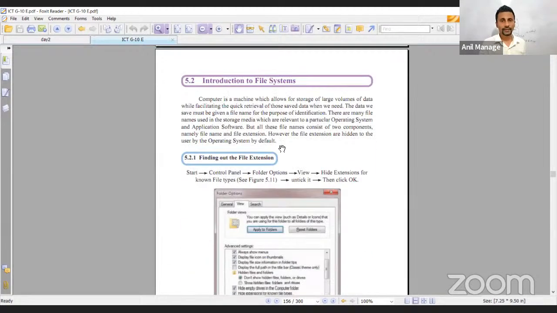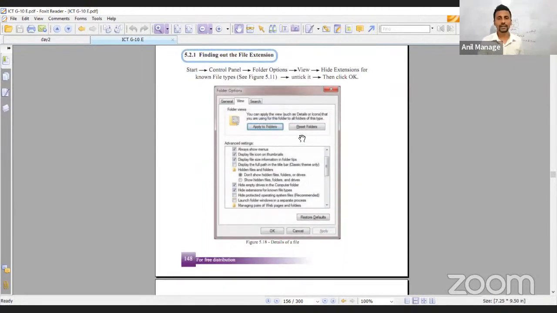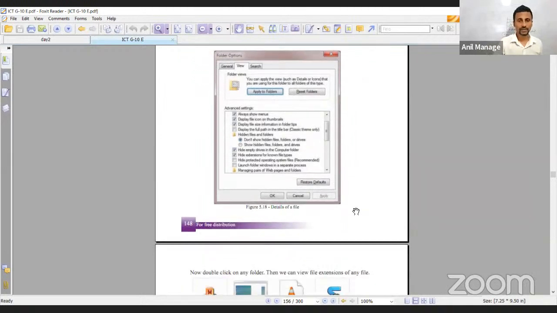Okay. Then different file extensions. I told you about extensions and all that.